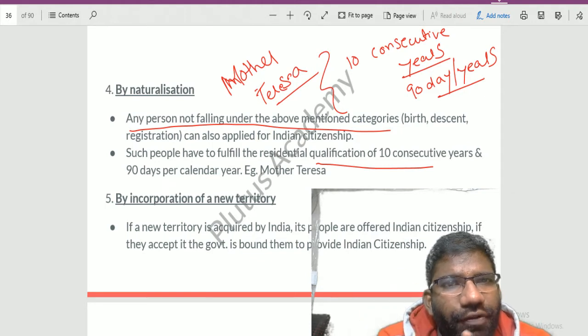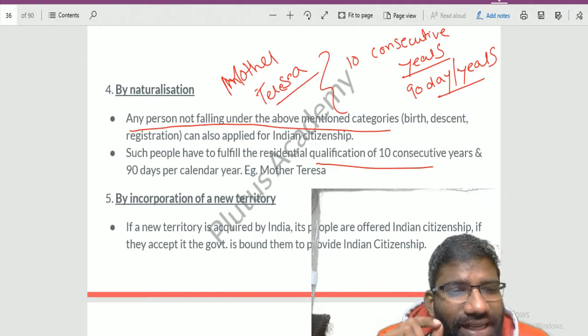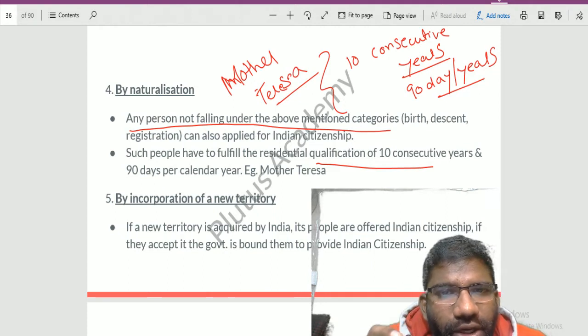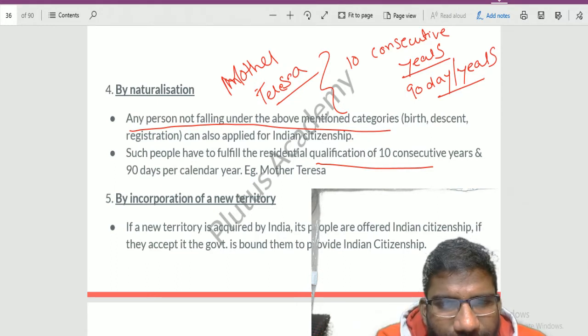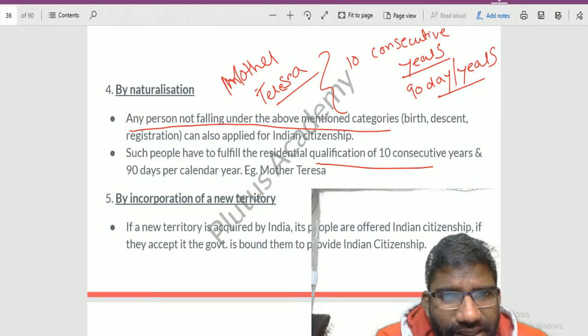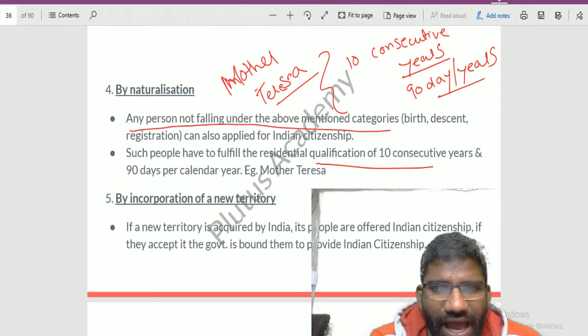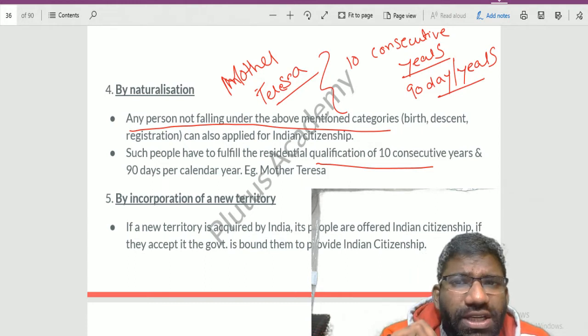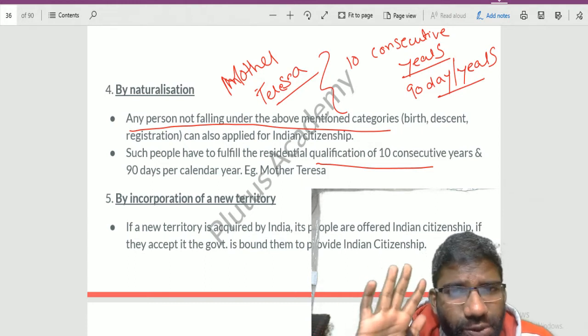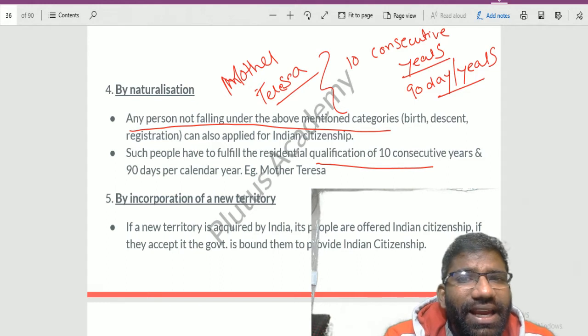The government of India is liable to provide those citizens with Indian citizenship. These were the 5 modes of acquiring Indian citizenship.